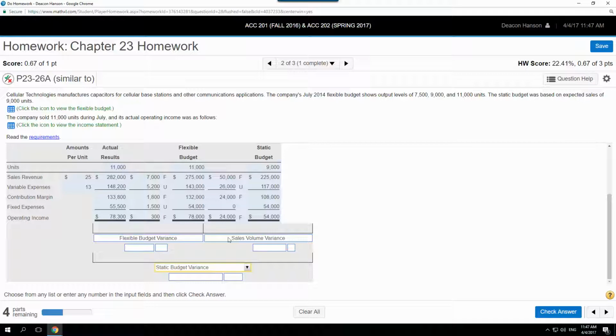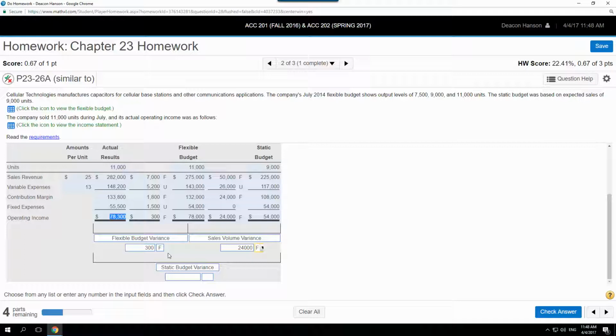And with that one, we're going to have to do a little bit of math. But for the two inside ones here, we just pulled a number down. We got 300 favorable, and we got 24,000 favorable. If you were to take 78,300 and subtract 54,000 way out here on the right, your difference would be the equivalent of compiling the 300 and the 24,000, because these two make up the overall variance.